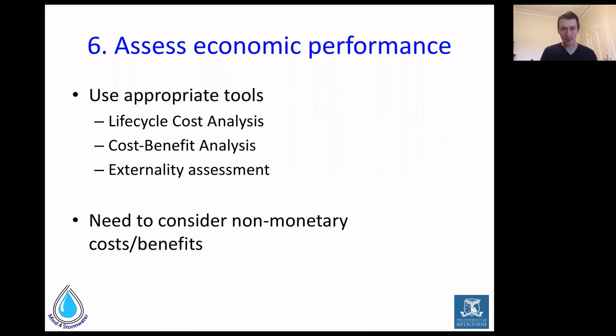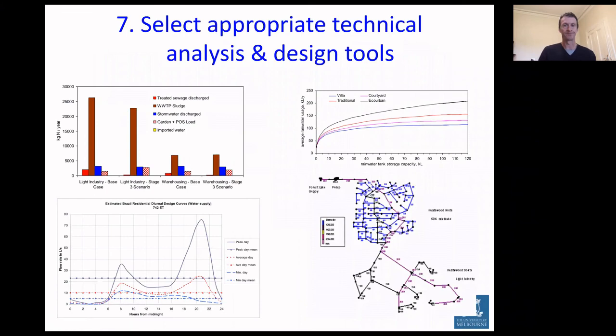So ultimately, as desirable as all of these principles are, we need to ensure that they are sustainable from a financial point of view, and we need to be able to communicate to the community, well, what are the costs, what are the benefits? And so that means using appropriate life cycle costing and cost-benefit analysis tools to allow us to do that. And of course, there are some non-monetary costs and benefits we need to consider, and so we need to have ways of quantifying those as well.